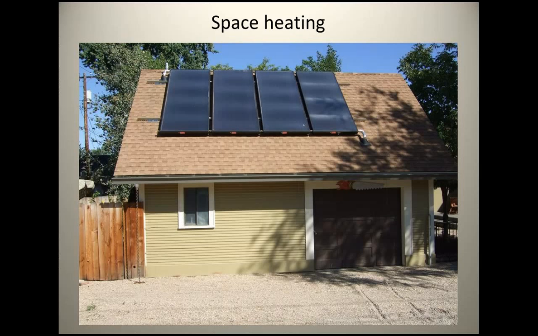This is space heating. So now we're transitioning for the last little bit of this to talk about space heating. We've done a number of these systems, and the catch with space heating is that you want the heat when you have the least sun. That is the fundamental drawback to using these for space heating, particularly in a cold climate.